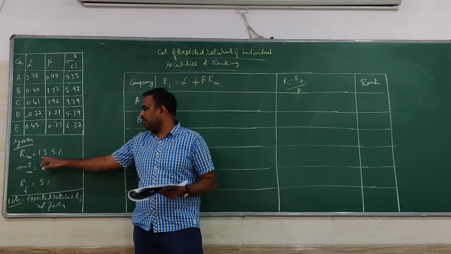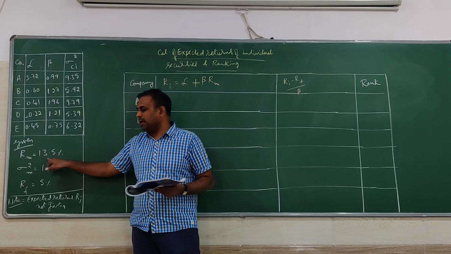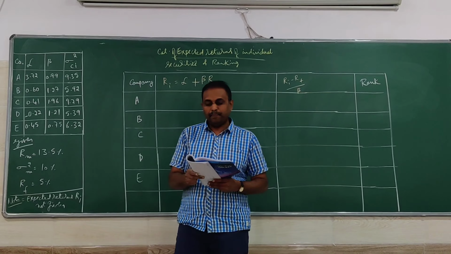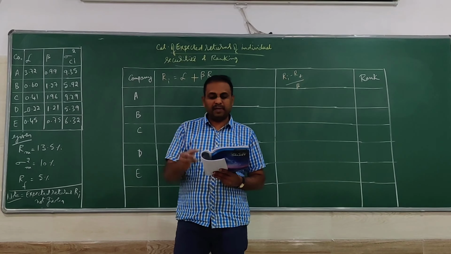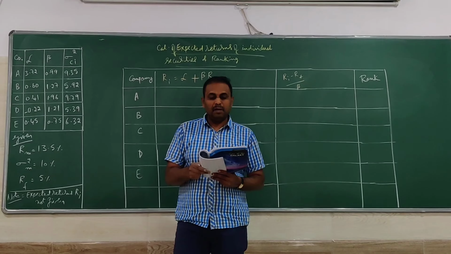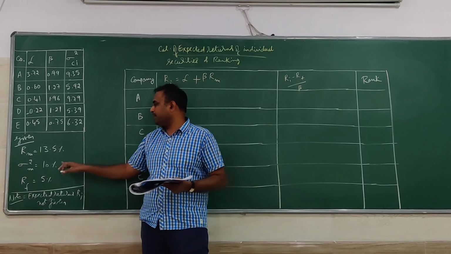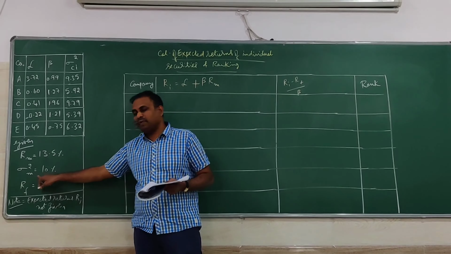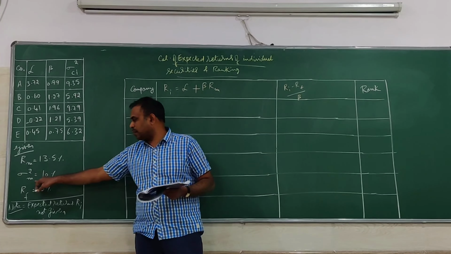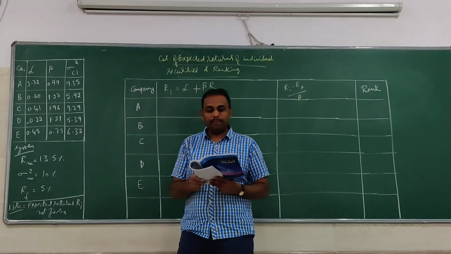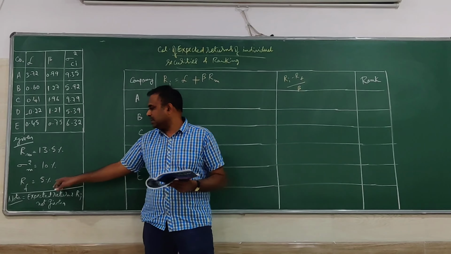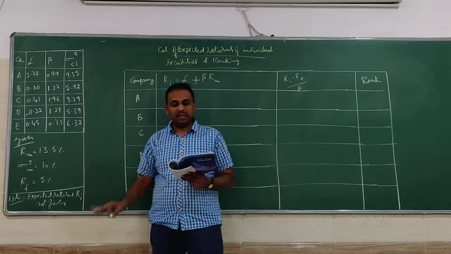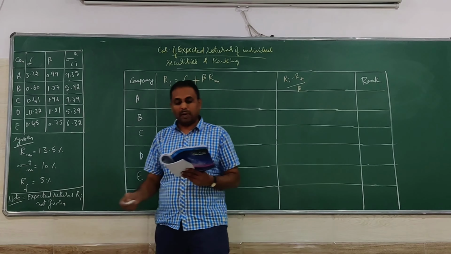So market return RM is given as 13.5% for the next 2 years, with the variance of 10%. So market variance, that is sigma square of M, is 10%. Next line, the risk-free rate is 5%, that is RF is 5% given. So these three are given in the problem.